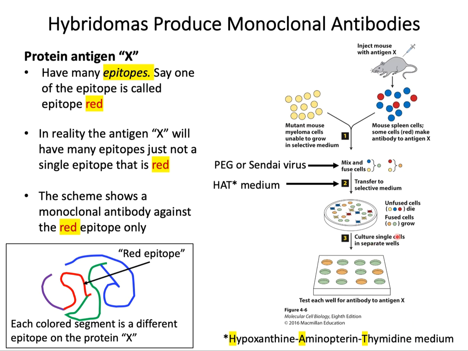Now, each of these fused cells, known as hybridomas, is separated into single wells in the cell culture and tested for the monoclonal antibody against the red epitope. That specific hybridoma clone producing the specific monoclonal antibody is now immortal and will be a permanent source for the production of the monoclonal antibody in research labs or industry, and can even be distributed to different laboratories.